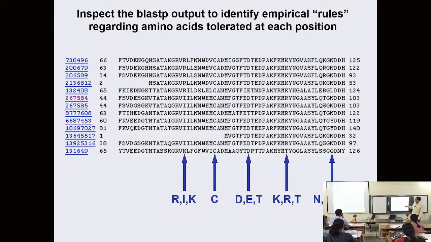And there are patterns actually. You can see that some columns have only R, I, K substitutions. On the other hand, this column has only C, 16, so it is completely conserved in this column. And then D, E, T substitutions, K, R, T substitutions.